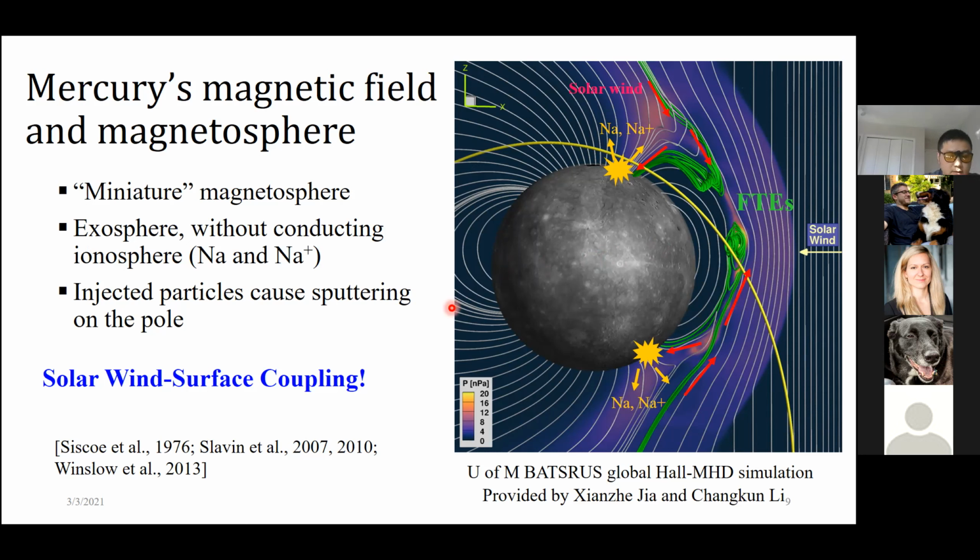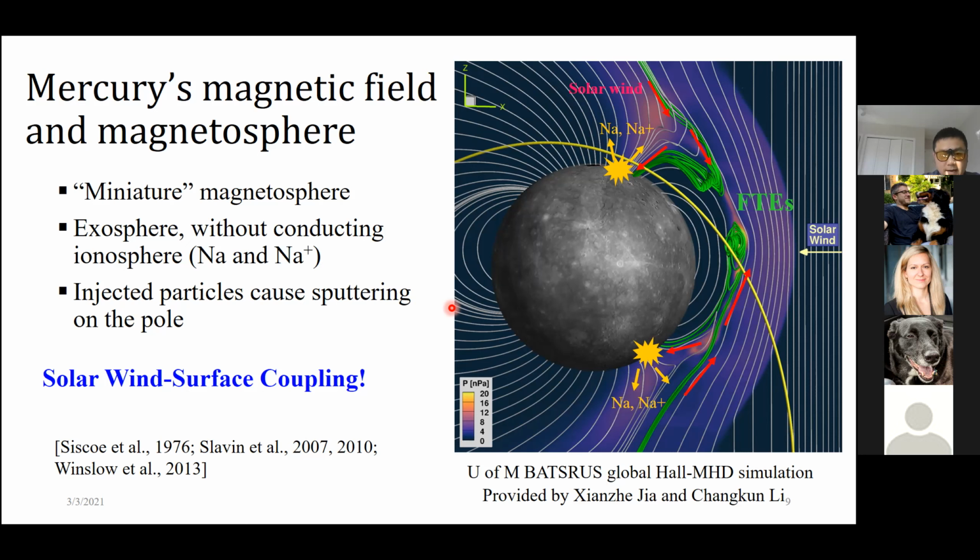Another point that we need to be aware of is that Mercury does not have a significant atmosphere. It only has an exosphere, and that exosphere is tenuous, not conducting, and almost collisionless, so the particles inside the exosphere would rather collide with the planet's surface, but not with themselves.